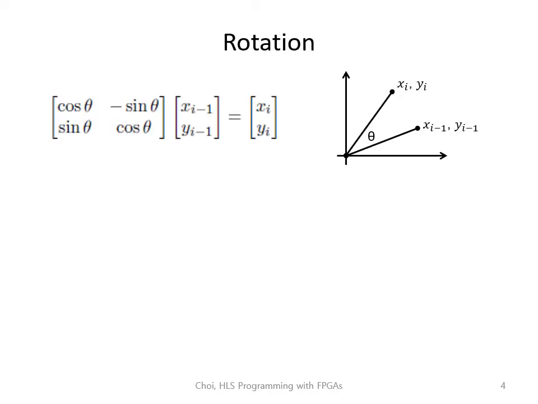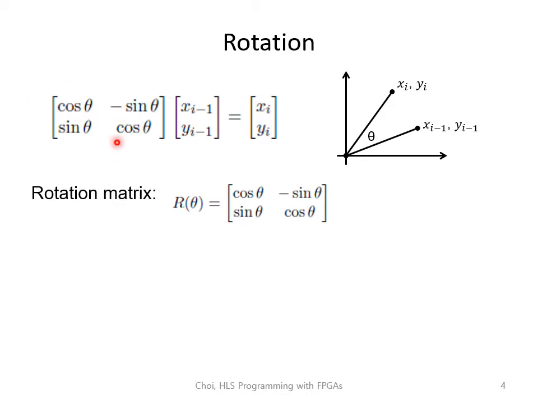So the fundamental goal of CORDIC is to perform a series of rotations in an efficient manner. So let's start with how to perform a rotation. When you have x and y and you want to rotate by theta, you would multiply by a matrix: cosine theta, minus sine theta, sine theta, and cosine theta.